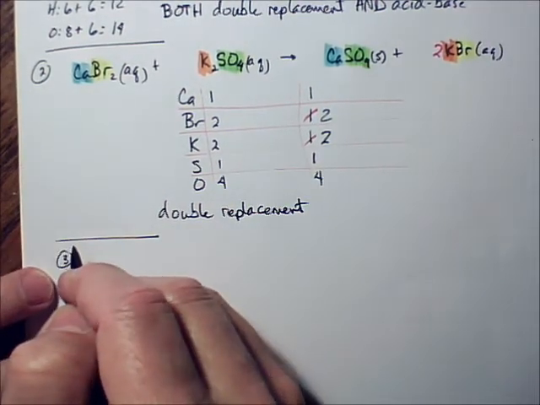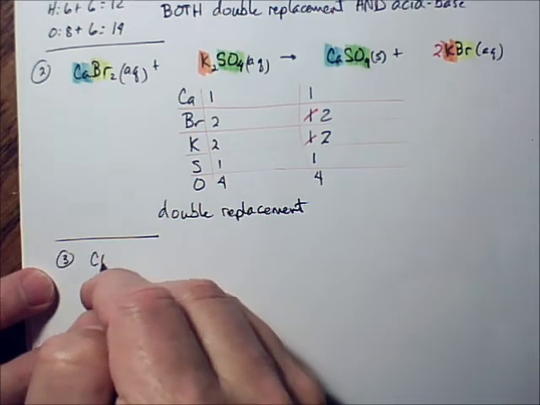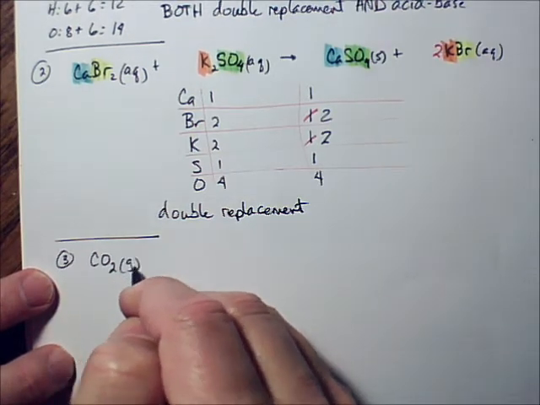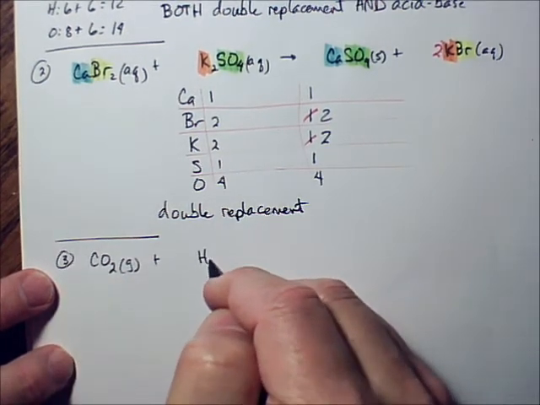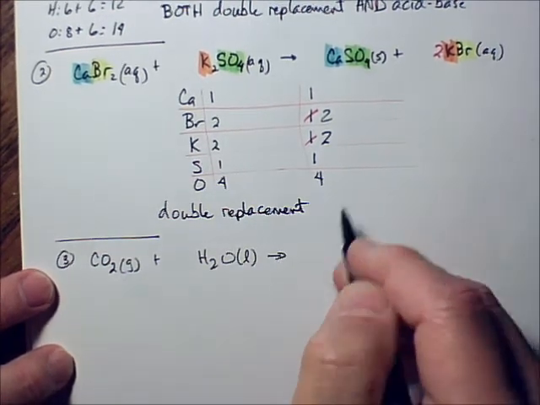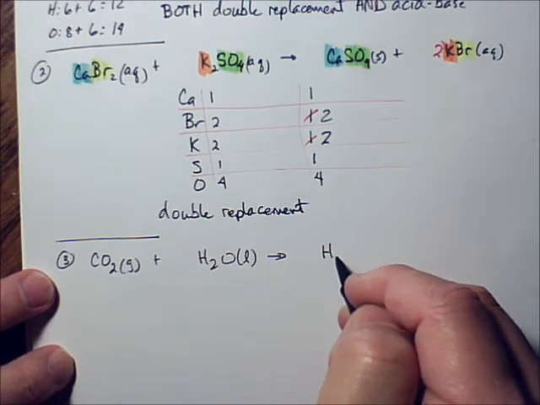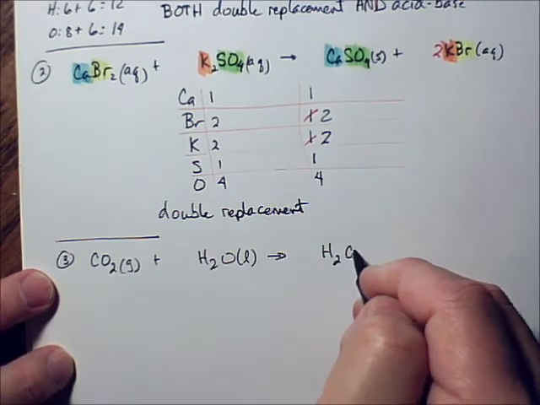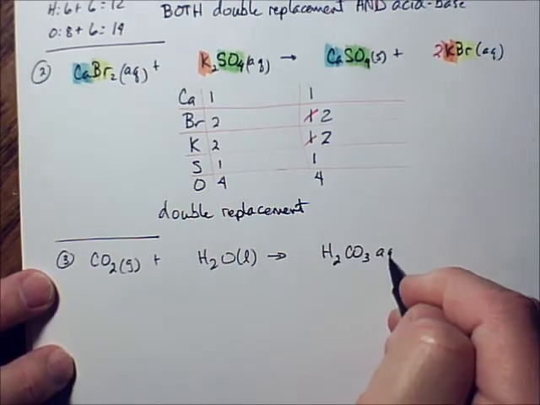3. We've got CO2, H2O, and we get H2CO3 aqueous.